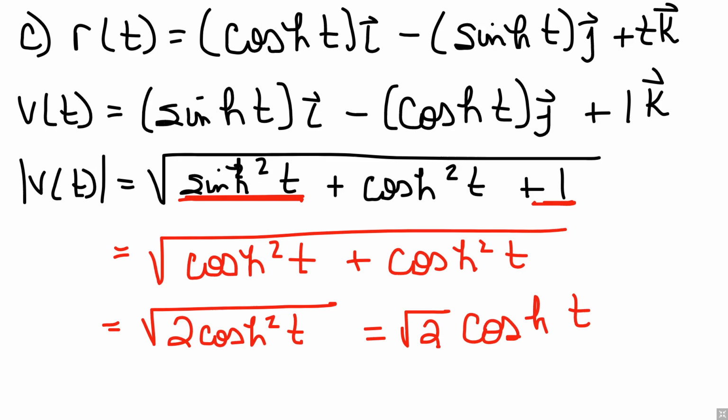Okay, so now what we're going to do is go through and find the unit tangent. So the unit tangent T is going to be 1 over the magnitude of velocity times the velocity.